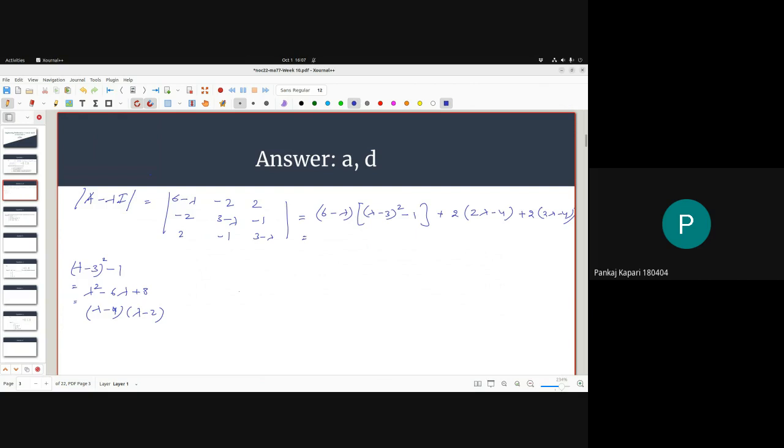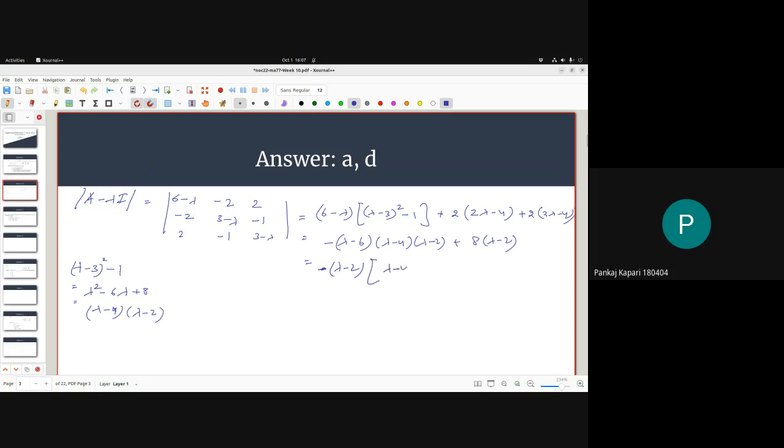So here we have minus of lambda minus 6 into lambda minus 4 into lambda minus 2, and here we have 8 times lambda minus 2. We can take minus of lambda minus 2 common.